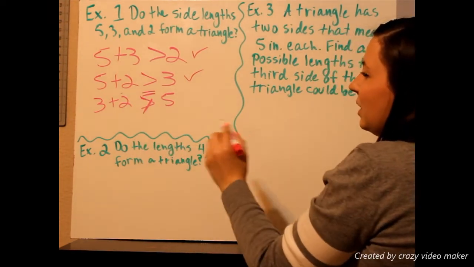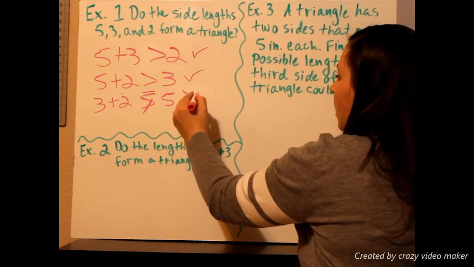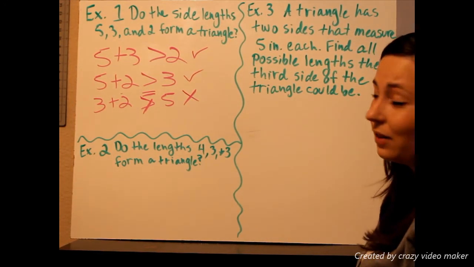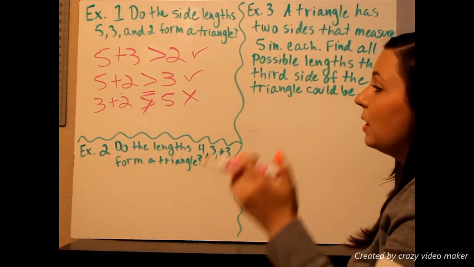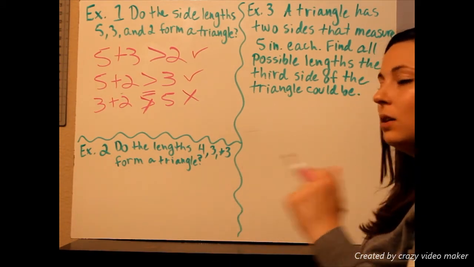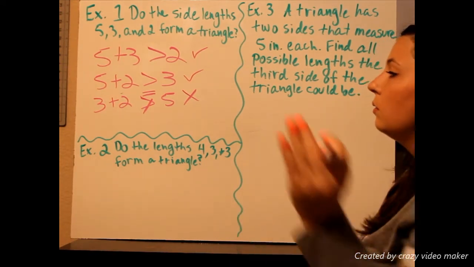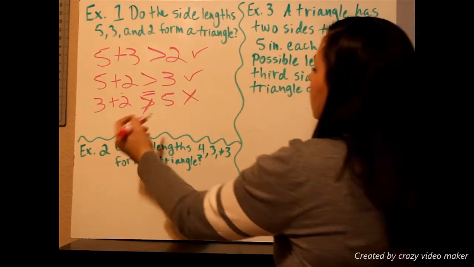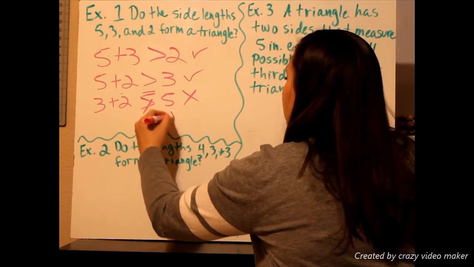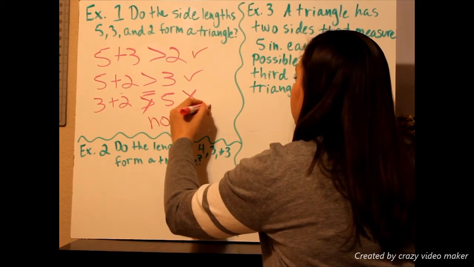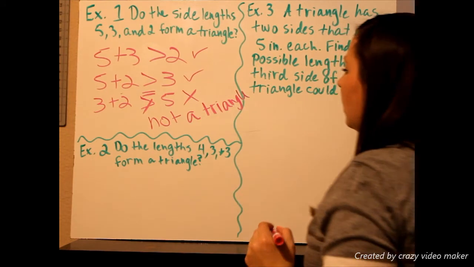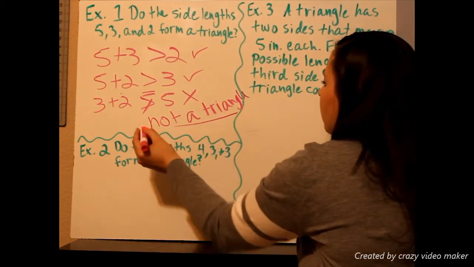So since it is equal, it does not follow the triangle inequality theorem. It has to be strictly greater than, bigger than. So 5, 3, and 2 do not form a triangle.